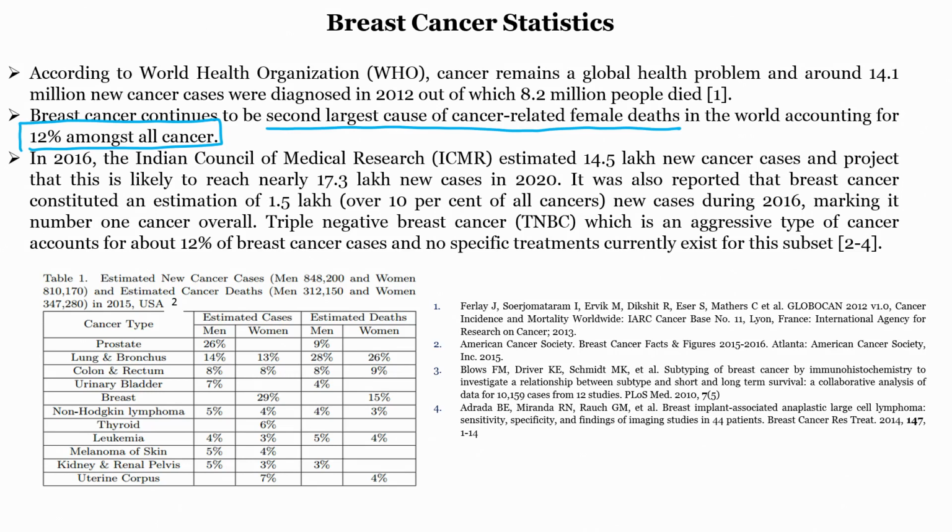Now, when you talk about cancer and in particular breast cancer, there is a subset of breast cancer called triple negative breast cancer, the short form is TNBC, which is an aggressive type of cancer and accounts for about 12% of breast cancer cases. So, you see that if there is a cancer, breast cancer accounts for 12% of cases of all cancer.